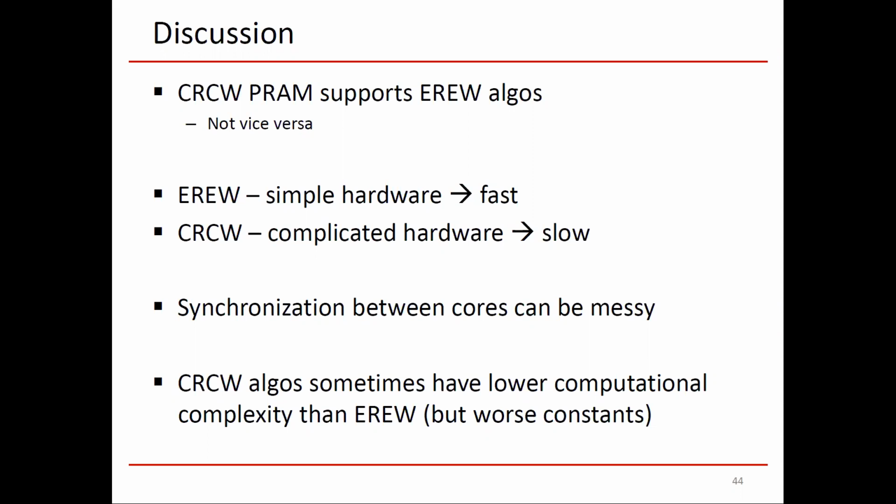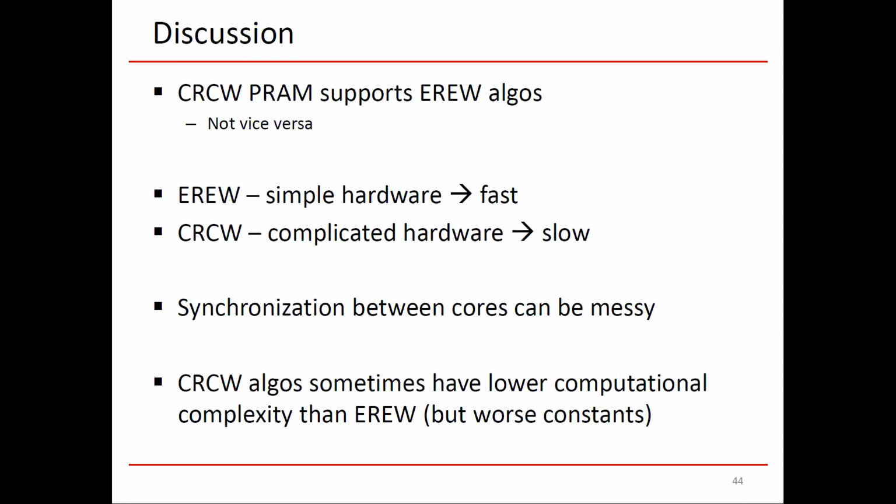We can see that an EREW machine is, well, calling it simple hardware may be an exaggeration, but at least it's easy to envision, and therefore it's faster and less expensive. A CRCW machine would require complicated hardware; it's costly and slow. Synchronization between different cores can be complicated.